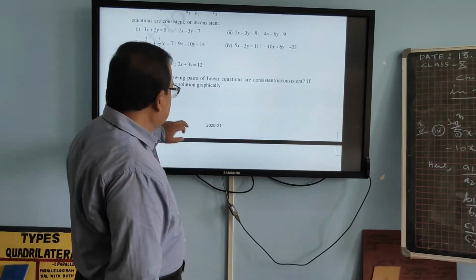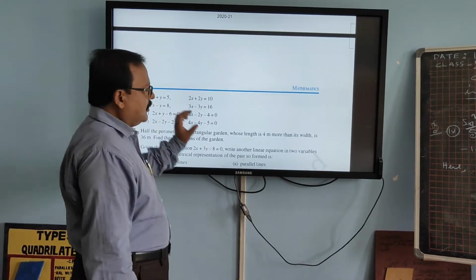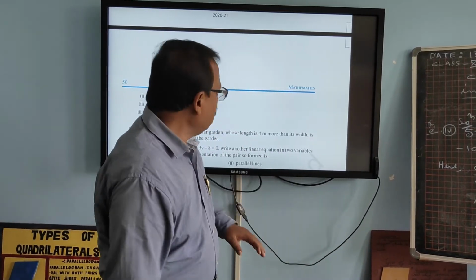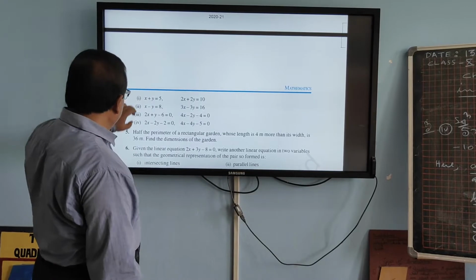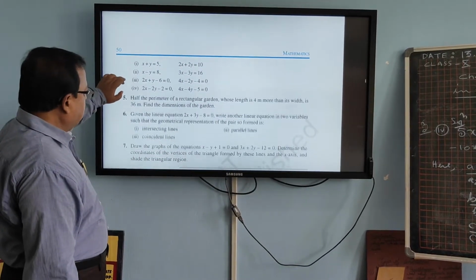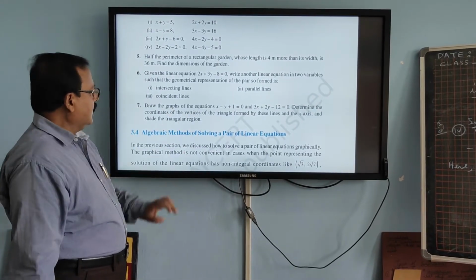Later, if it is consistent, you draw the graph. If it is inconsistent, there will be no solution. You do these up to 4 problems accordingly, and I will solve the last one, question 7.